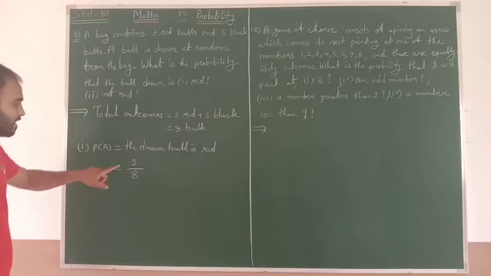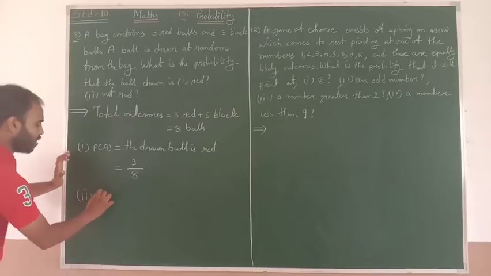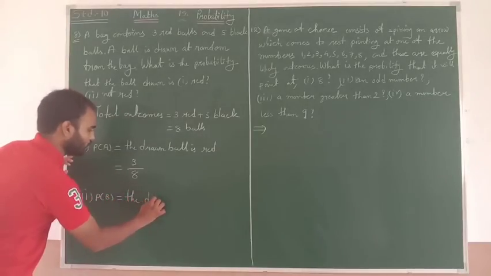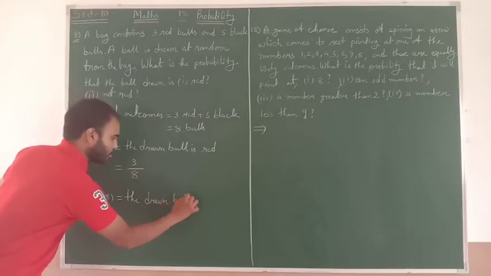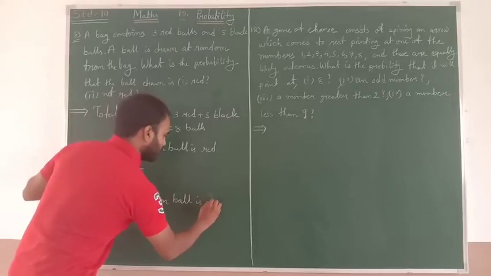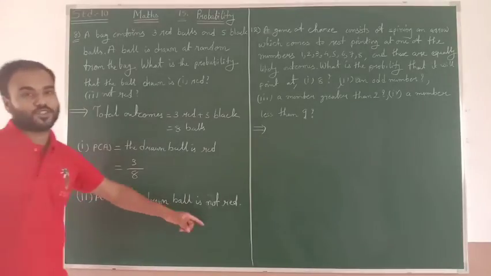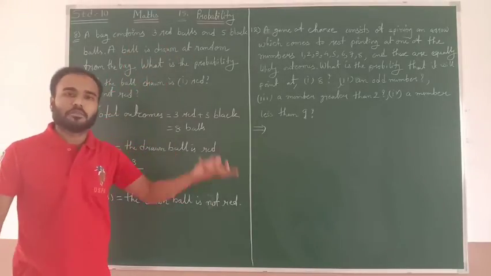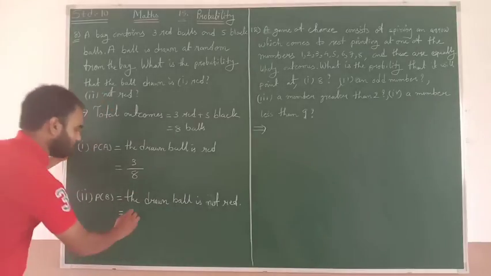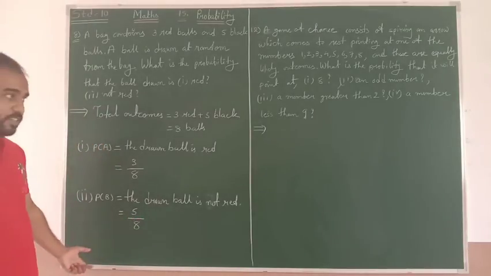So the answer is 3 by 8. Now for event B, the drawn ball is not red. If the... upon 8 will be the answer of it.